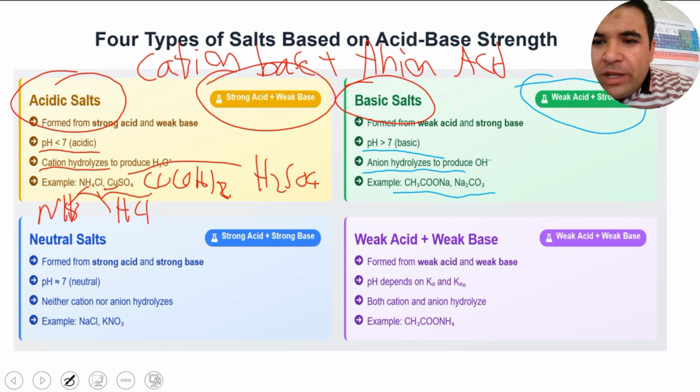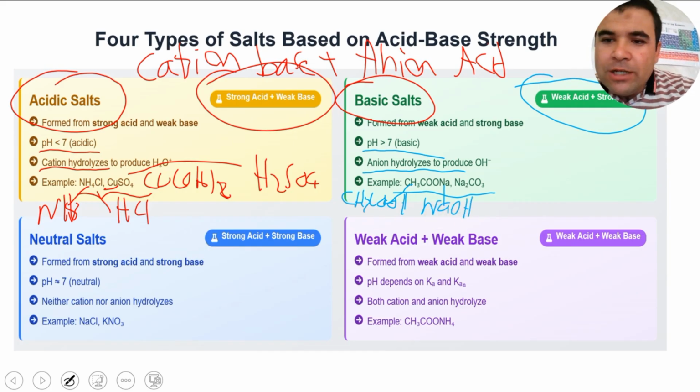And then examples we can provide here: CH3COONa. CH3COO is obtained from CH3COOH, which is acetic acid, and Na from NaOH, which is sodium hydroxide, a strong base. Sodium hydroxide with H2CO3, which is a carbonic acid. The carbonate is obtained from the weak acid, and the sodium from the strong base.